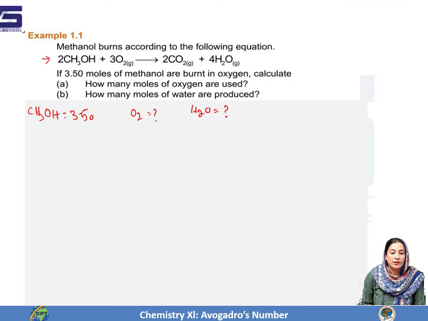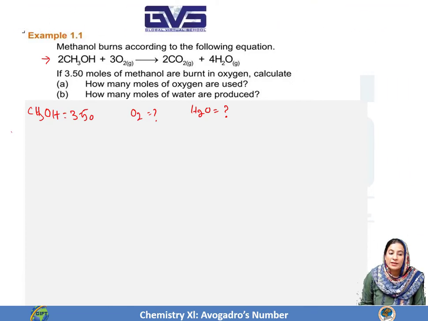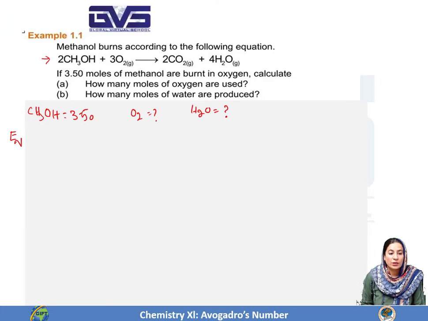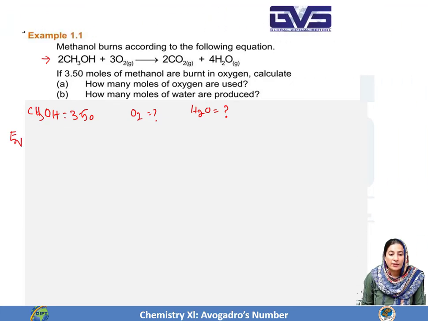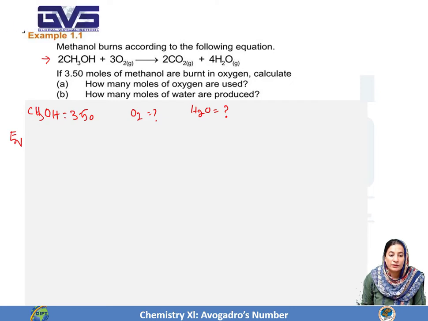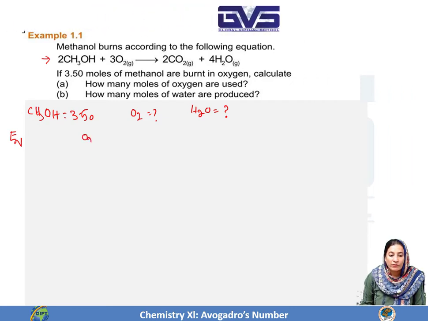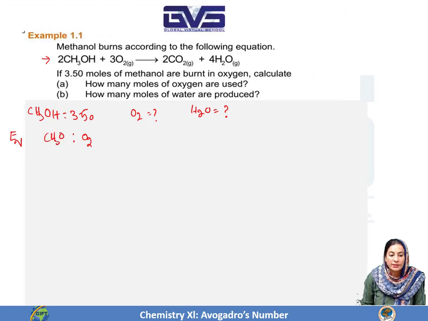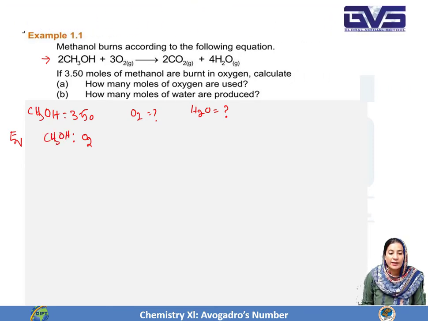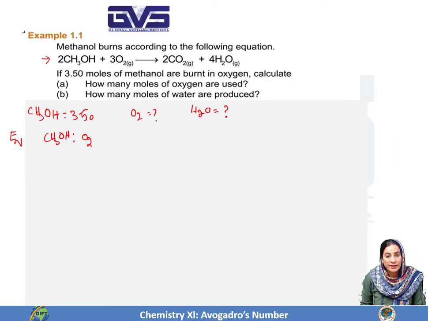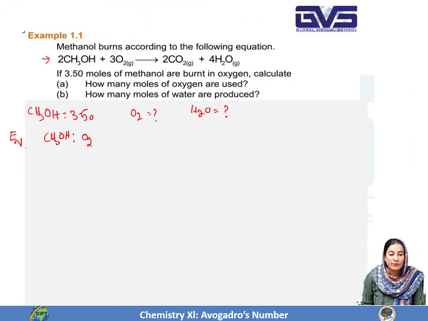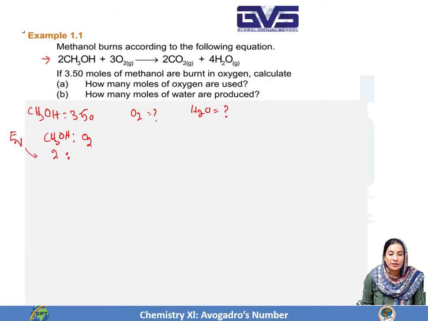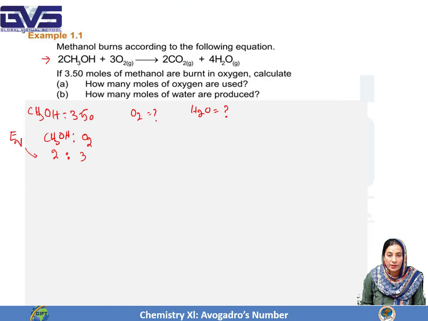Very simple. First of all, from the balanced chemical equation, you have to find the moles of oxygen with the help of methanol. So keep the methanol on the left side and oxygen on the right side. From the equation, when there are 2 moles of methanol, the oxygen consumed is 3.